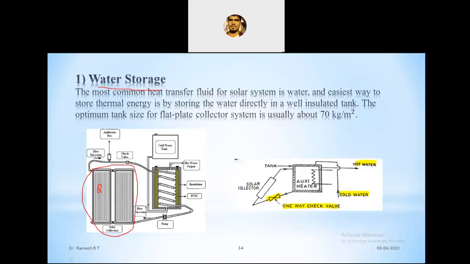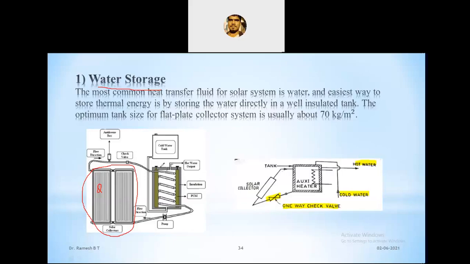The cold water circulates along the coils, in which hot liquid is flowing. The hot liquid exchanges heat to that water, which absorbs the energy and becomes the hot water output. A pump is used to circulate the substance from the collector to the exchanger and back to the collector.